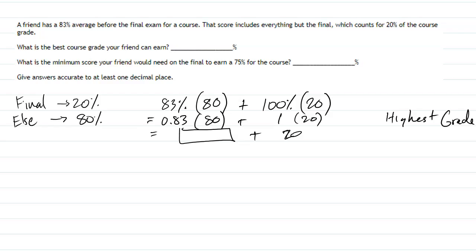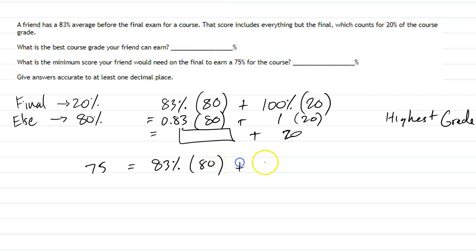Now, to determine the minimum score your friend would need to get on the final exam to get a 75% for the course, what we'll need to do is just solve the same thing. So we'll do 75. Notice that what this whole equation we just did is equal to is the overall score. So what we want is the overall score to be 75. So 75 is equal to, now we already know it's 83% of 80.